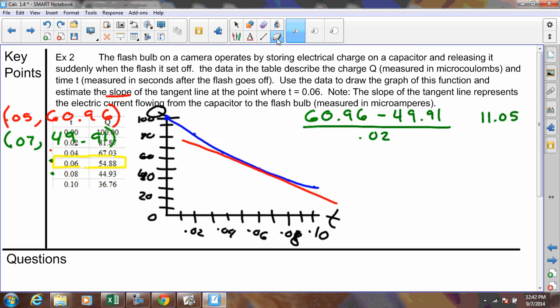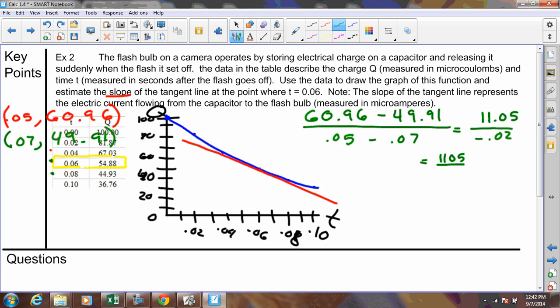Well, that 0.02 I had from 0.05 minus 0.07, so negative 0.02. And when we take that, that would be 1,105 over negative 2, so that's negative 552.5. And so there we go.